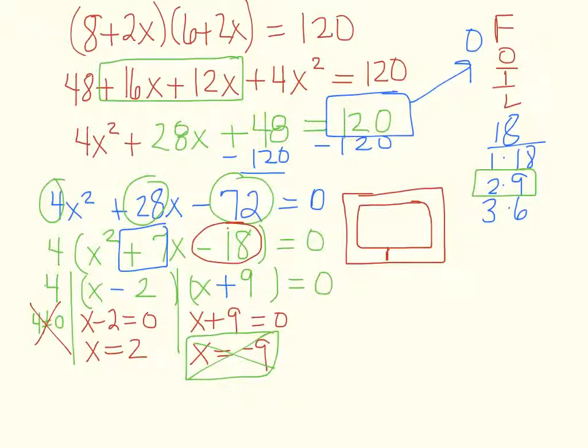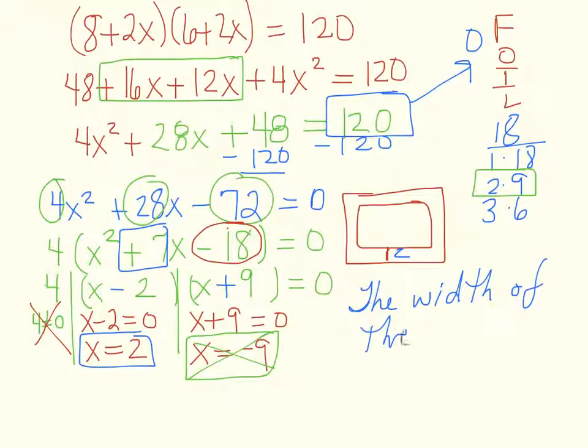However, the walkway could have a value of 2. And so basically what we're saying is that the width of the walkway is 2 feet. Okay, write your answer as a complete statement, and that looks really good.